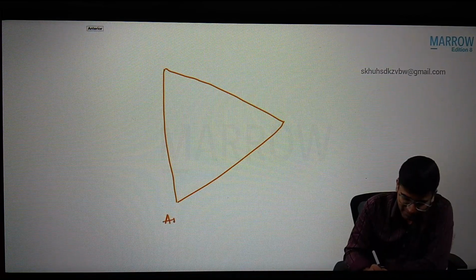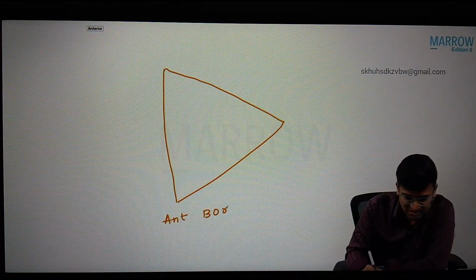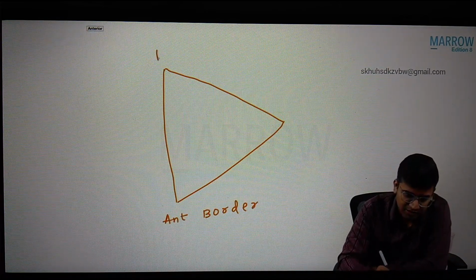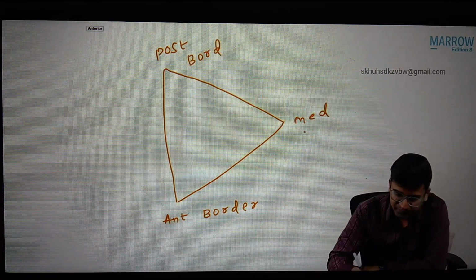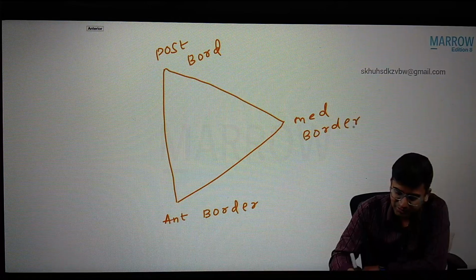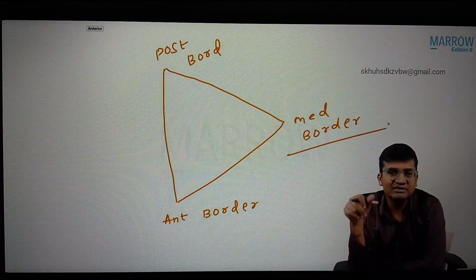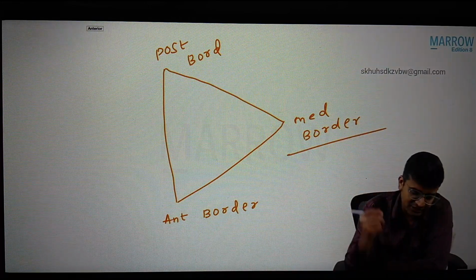This is the anterior border. Border means the sharp projections are called borders. Then the posterior border and the medial border. Between the three borders we have three surfaces.